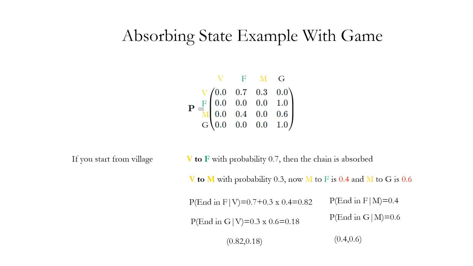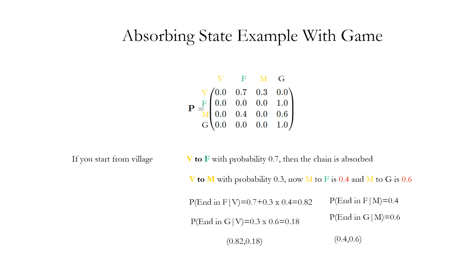So let's continue our example with the game. If you start from the village, right, from V to F, we get 0.7, right? The chain is not absorbed, by the way. Or yeah, it is absorbed. I apologize, right? Because if you go to V to F, it's 0.7, but F is an absorbing state, right?